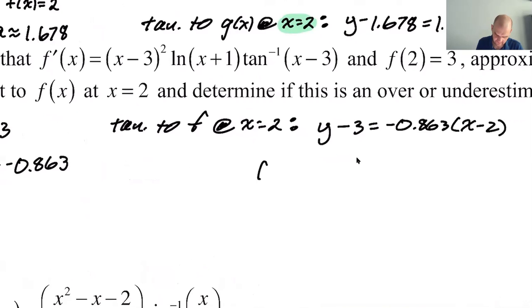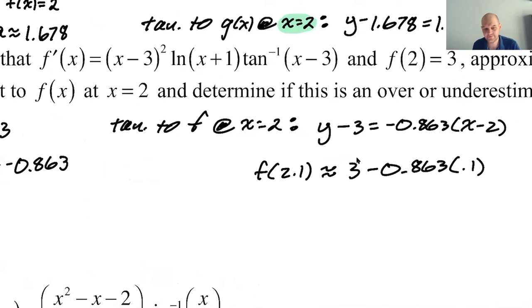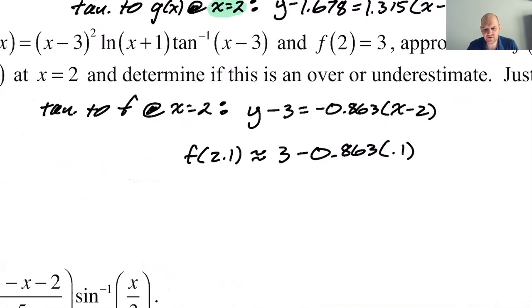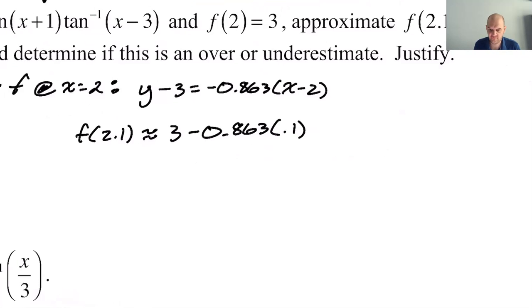Okay, so f of 2.1 is approximately 3 minus 0.863 times 0.1, or 2.1 minus 2, if you prefer. And then the calculator told us that value was 2.914.